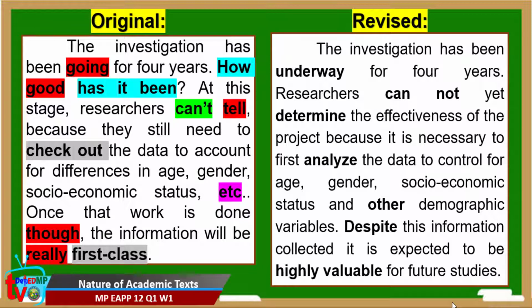Next, we have can't, which is a contracted word for cannot. Okay, so can't will be changed to cannot and tell to determine. So can't tell changed to cannot determine.